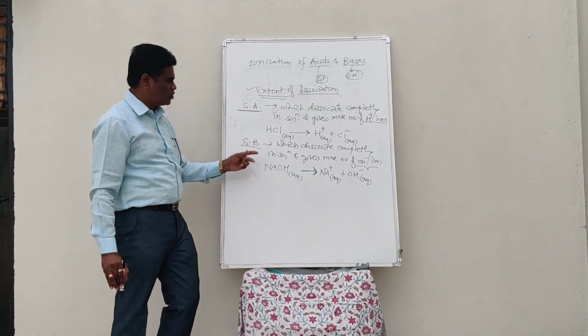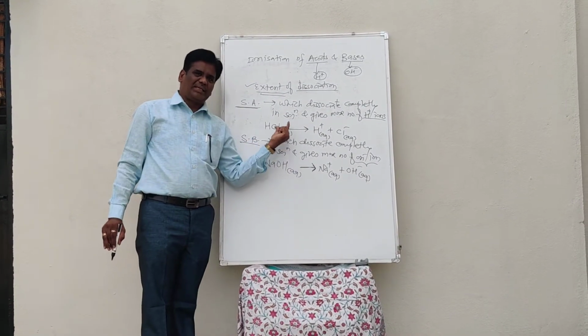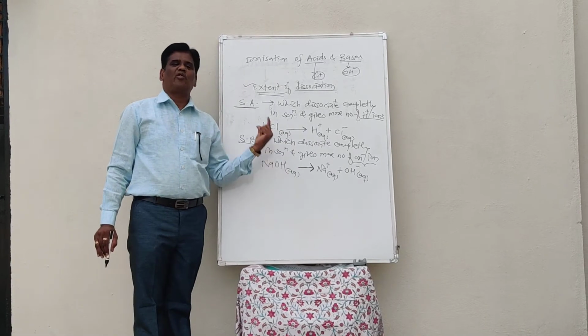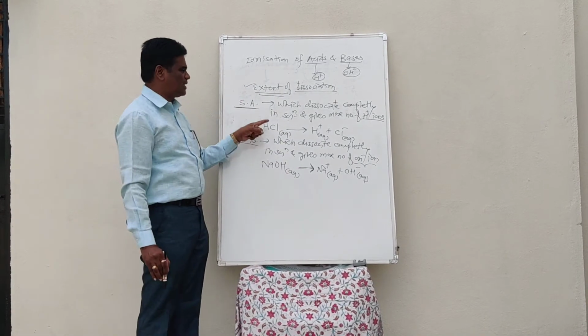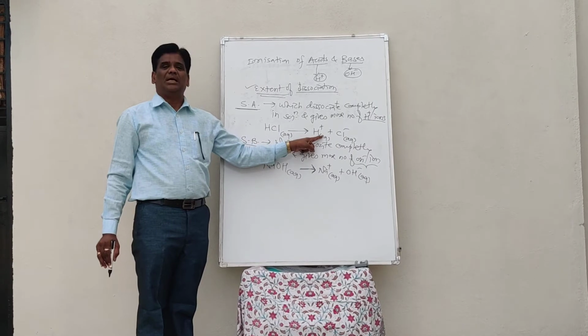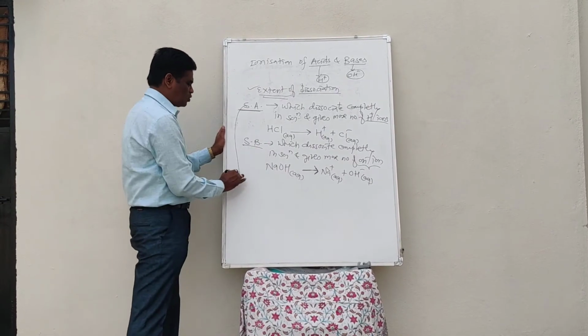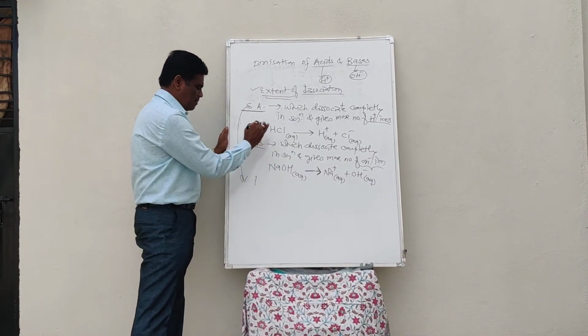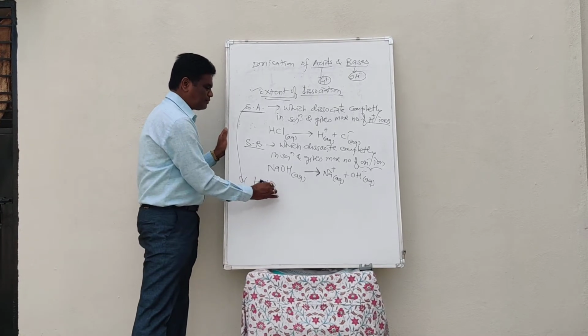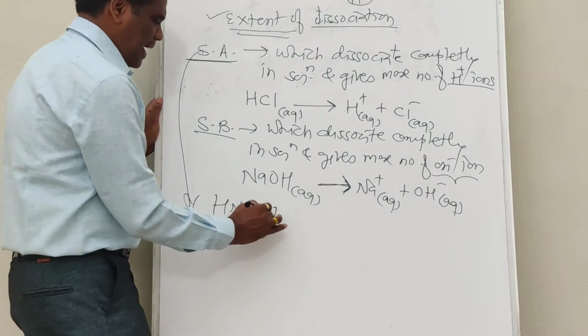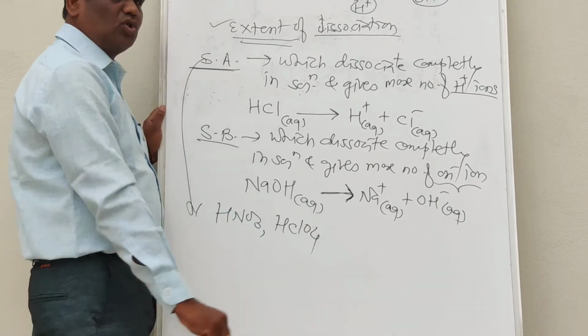So all of you remember, students, if the acid is strong or the base is strong, and you have to write its ionization or dissociation, then it can be shown by a single arrow. For another example of strong acids, HCl number one, then HNO3 is also a strong acid, then HClO4 is also a strong acid. HBr is a strong acid, HI is a strong acid.